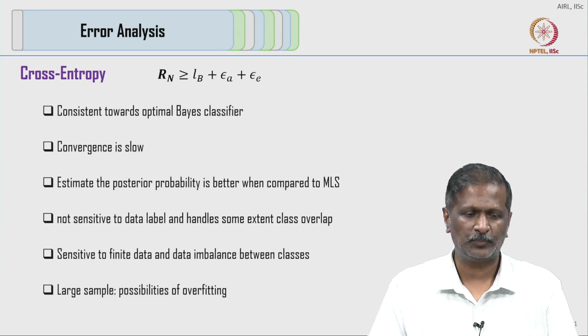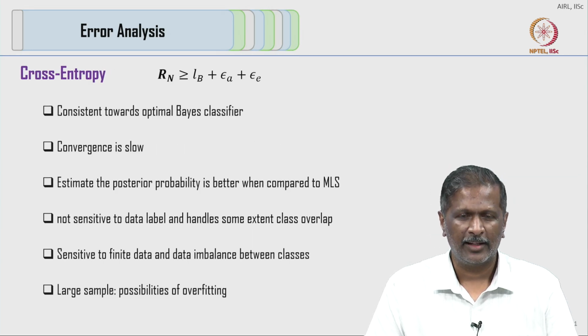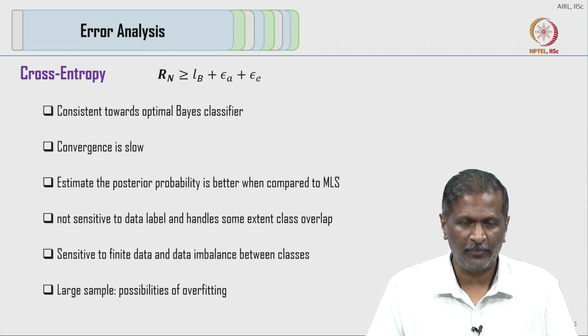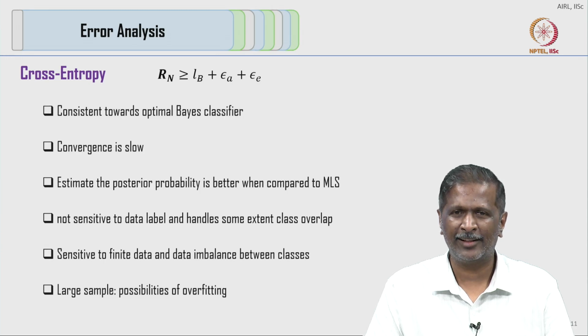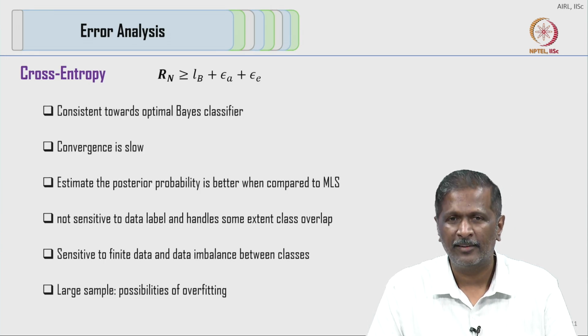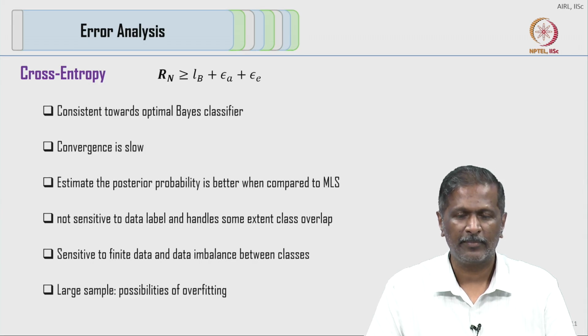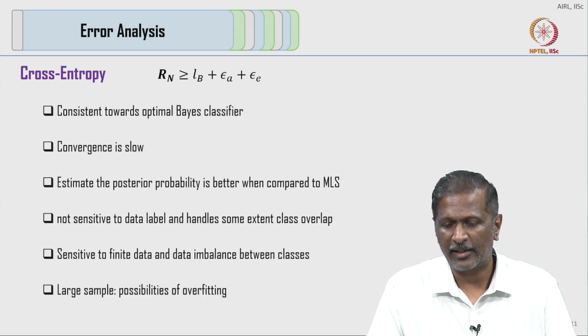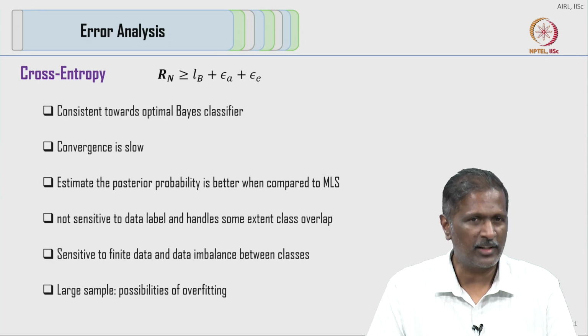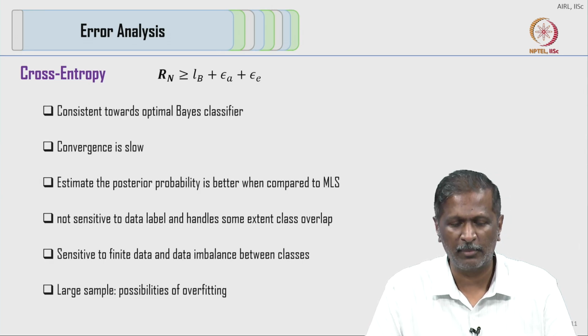Cross entropy. It gives a consistent estimate towards the optimal Bayesian classifier, but the convergence is slow. Least square will converge faster, but cross entropy is very slow. You need more time to learn. It estimates the probability better than modified least square, but similar to modified least square and least square, it's not sensitive to data label.